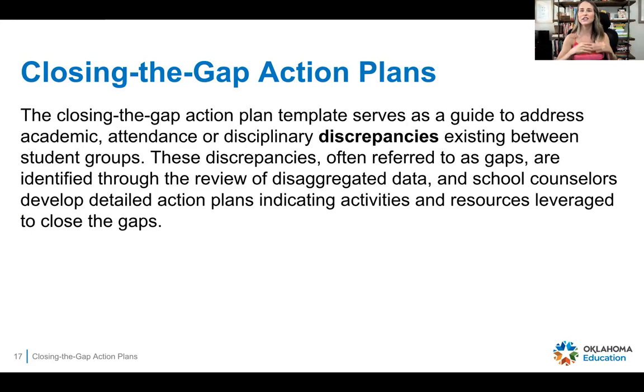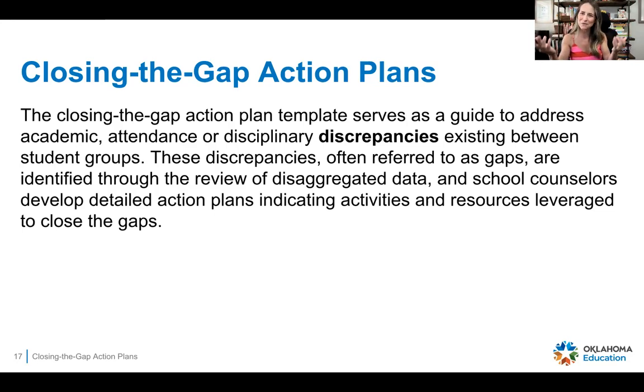So it's not giving us a formula. It's not saying you always use this to close this gap. It's not meant to be like that, because if it were, we would still have inequities. We have to use our knowledge as school counselors to close the gap. But the action plan gives us the outline to follow to get there. I hope that makes sense. I don't want anyone thinking that this Closing the Gap action plan is some sort of all-in-one magic wand with a bow tied on top.